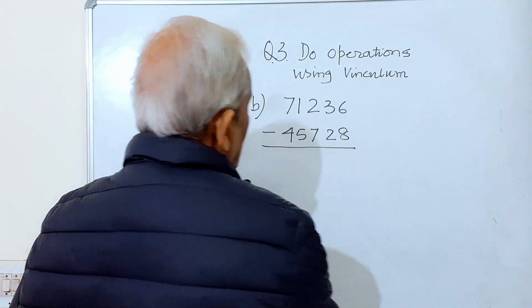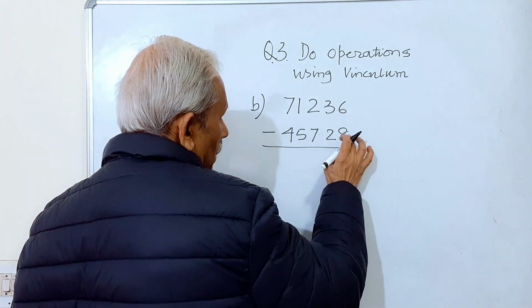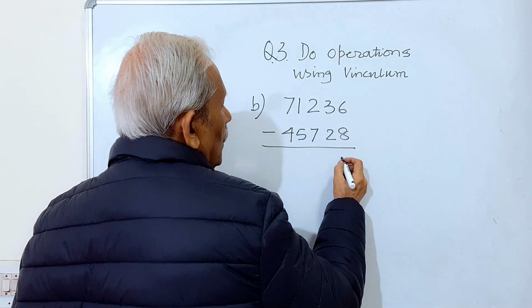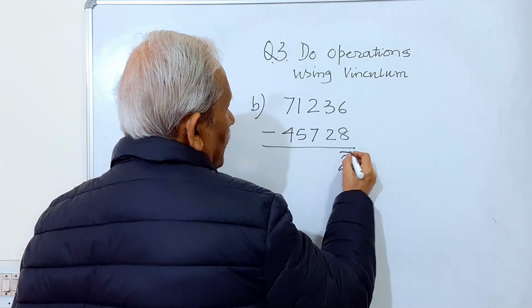Here the process of subtraction is: 6 minus 8, this is minus 8. Minus 8 plus 6 is minus 2. We will write it 2 bar.